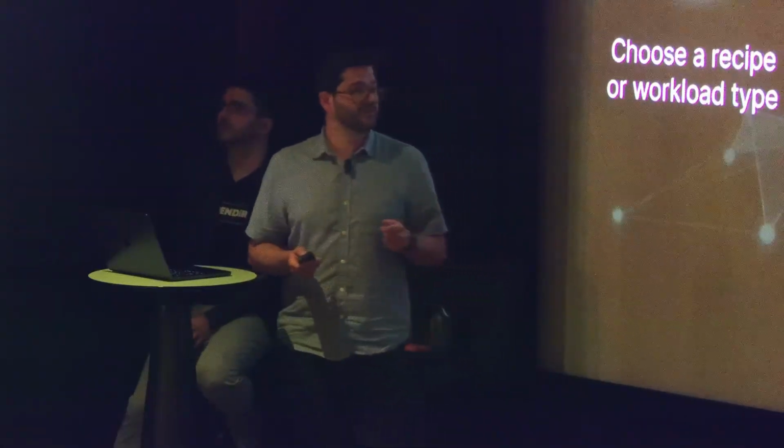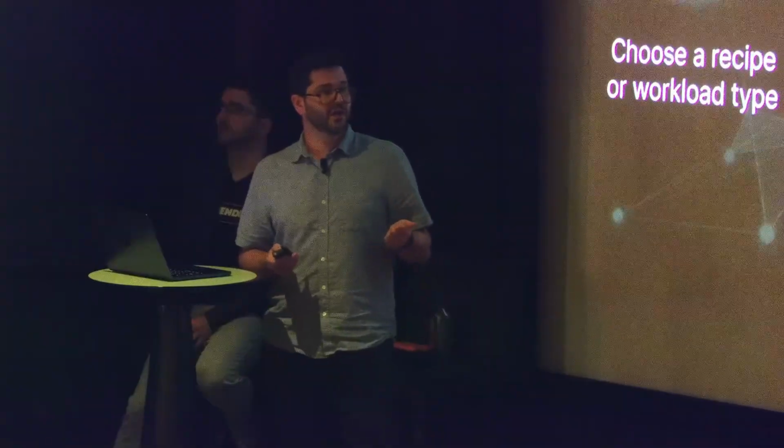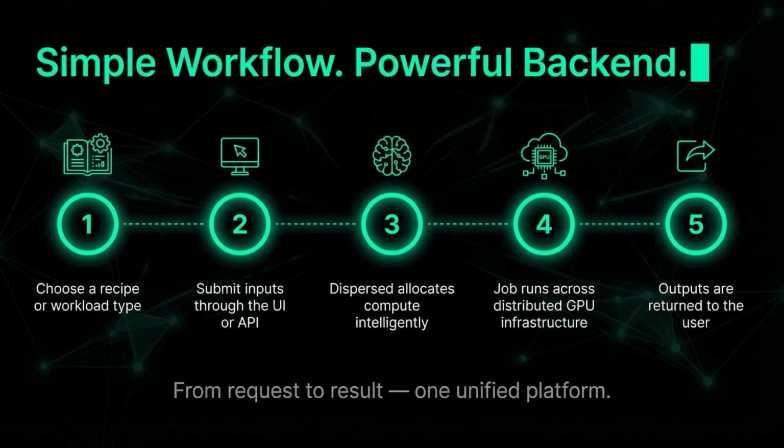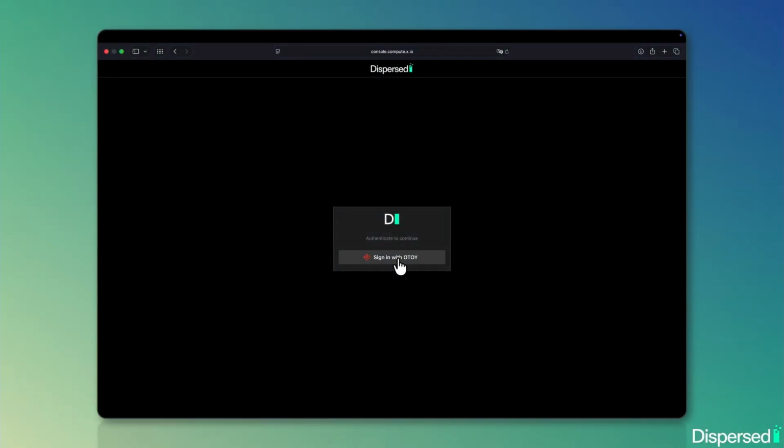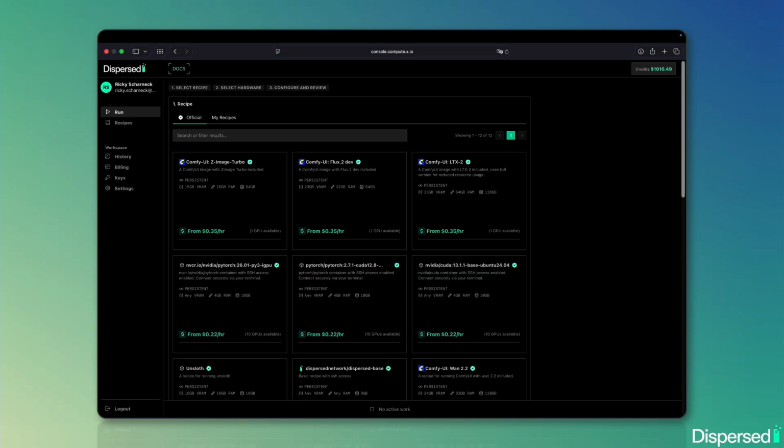The setup is amazingly simple. Once you've created an account and funded it, creating, launching, running, stopping, rerunning, and distributing to even more nodes is all baked in, and you can do that either via a web user interface or through our API.